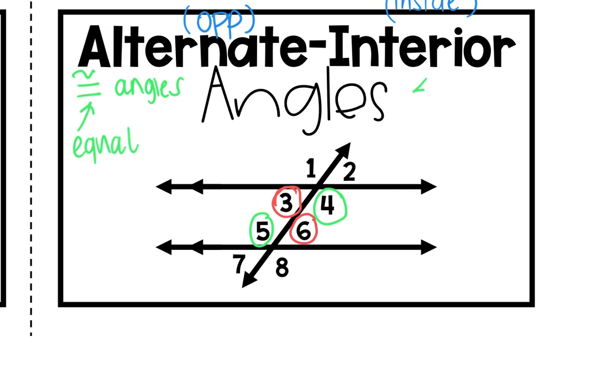So that means angle 3 is congruent to angle 6, and that angle 4 is congruent to angle 5. Okay, so both alternate interior and exterior angles are congruent.